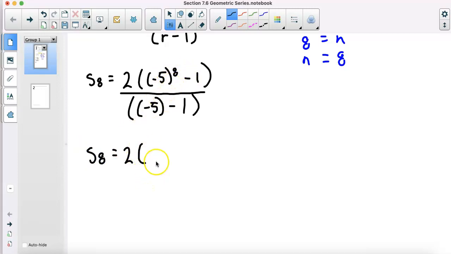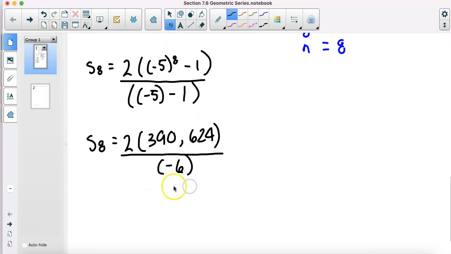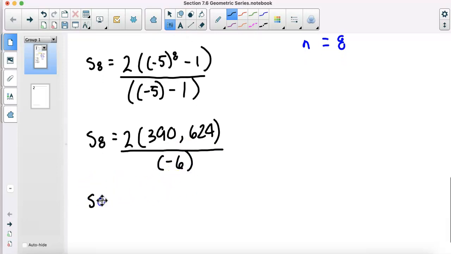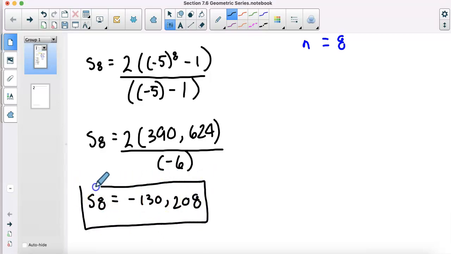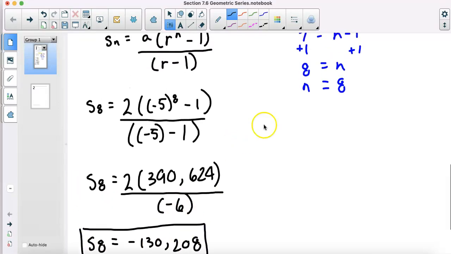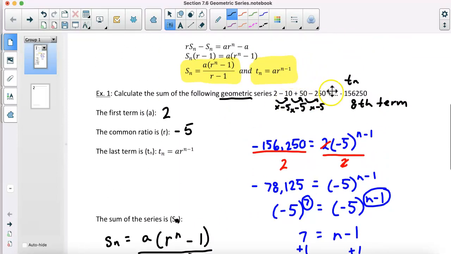If you calculate that, it's going to be 390,624, and the denominator is going to be minus 6. When we calculate this fully, this is going to be minus 130,208. So that gives us our sum for this particular example.